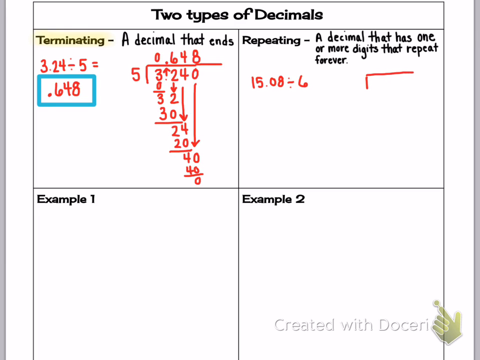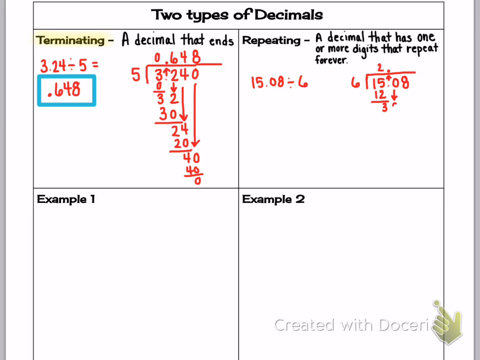We're going to put the 15 8 hundredths on the inside and the 6 on the outside. My decimal goes straight up in my answer. 6 does not go into 1, so I'm going to go straight to the 15. 6 goes into 15 2 times. That is 12. I subtract and I get 3.